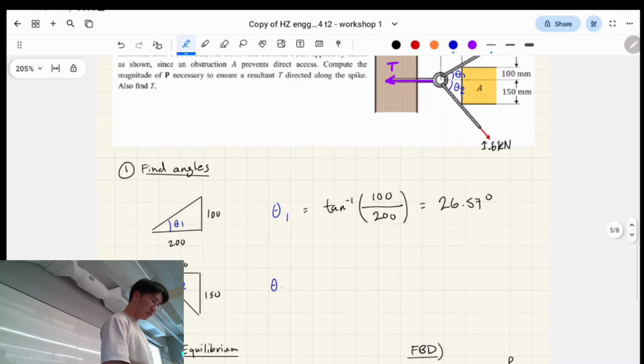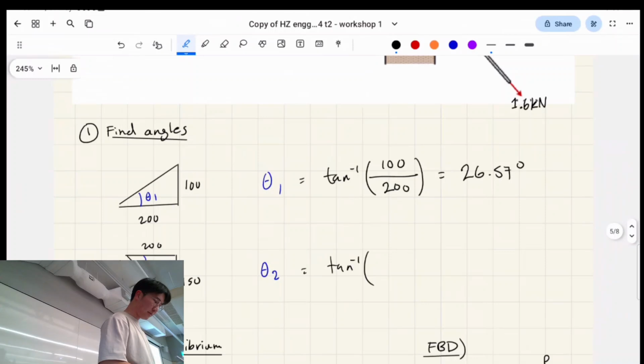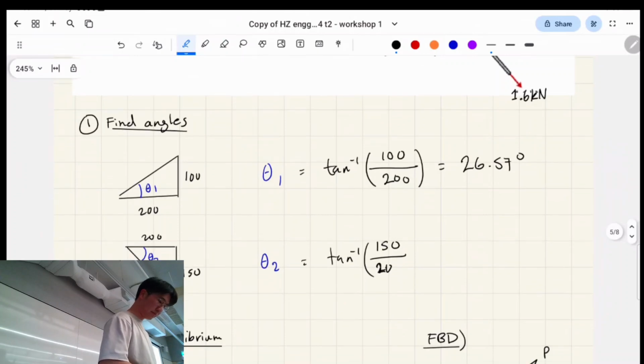For the second angle, do tan inverse. Here's where it differs very slightly from the first question. Oh, sorry. I'm just going to write this as a positive number instead of a negative number, but I'll tell you what implications this has. Okay, that gives me 26.87.